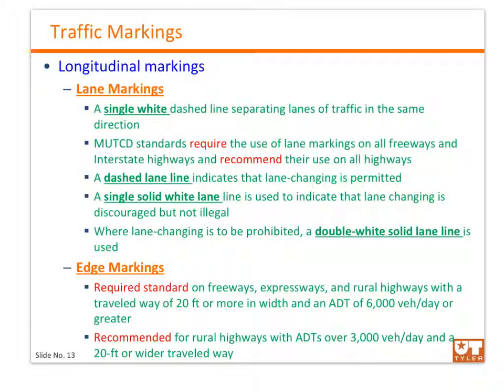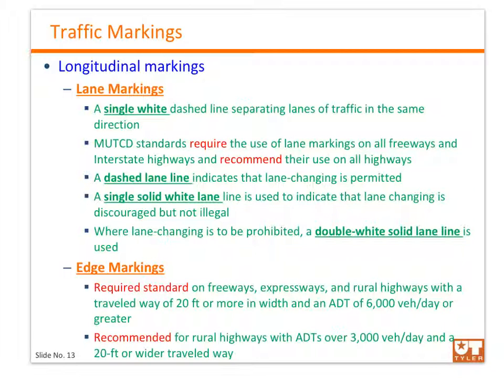Lane markings can be white between lanes in the same direction, or yellow between opposite directions. Edge markings are required by standards on freeways, expressways, and rural highways with a traveled way of 20 feet or more in width and average daily traffic of 6,000 vehicles per day or greater.